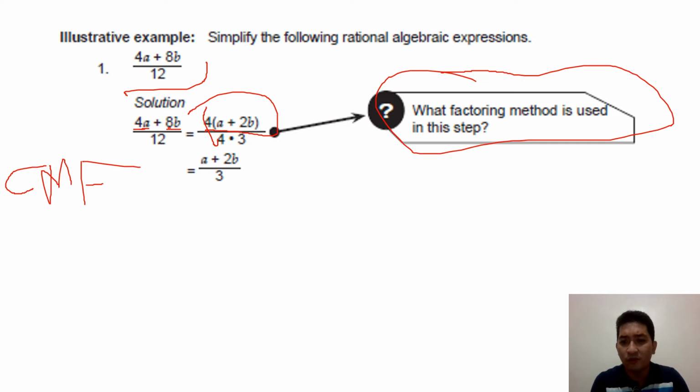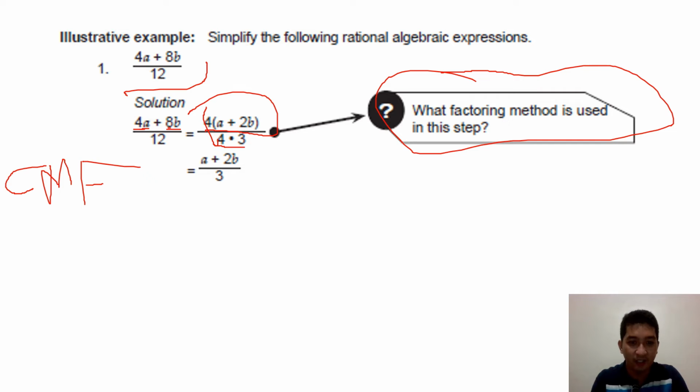Sir, paano ko nakuha yung 4 times 3? It's a factoring method na itinuro na sa atin before pa, before kayo mag-grade 8. And that's prime factorization. So, paano nyo ba hanapin ang factor nito? So, we have 12. Ano ba mga factors niya? We have 1 and 12. 2 and 6. We also have 4 and 3 and 3 and 4.